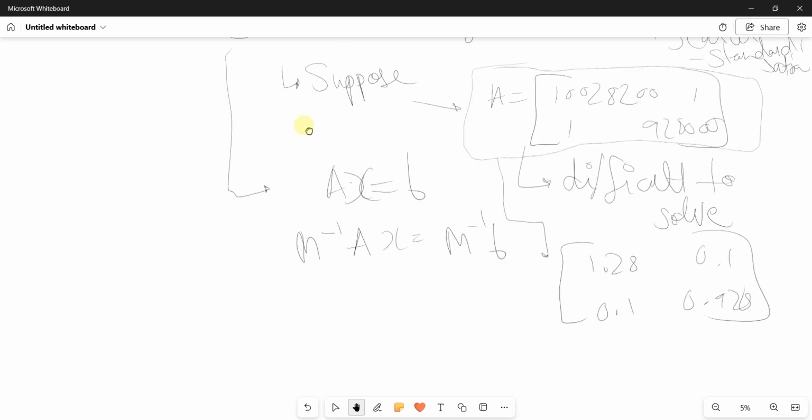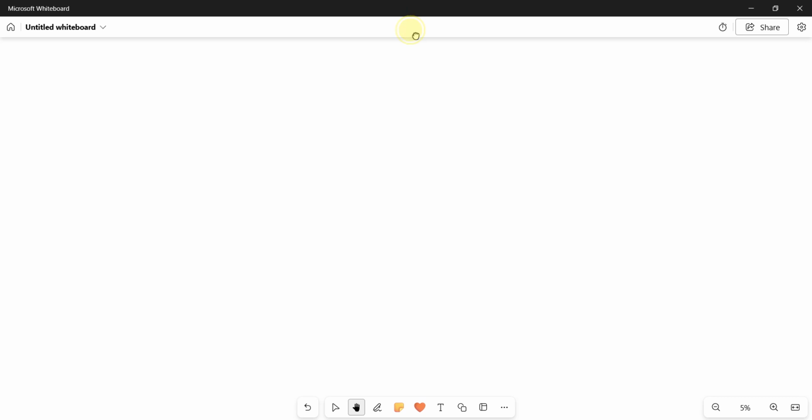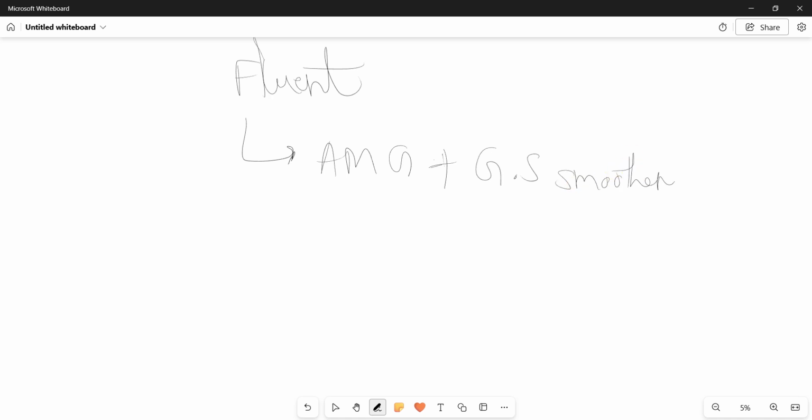So now we have just checked on what all methods are possible. So generally, what Fluent, something like ANSYS Fluent uses is your AMG, that is algebraic multigrid, plus it uses Gauss-Seidel smoothing. So it uses Gauss-Seidel to smoothen those values.